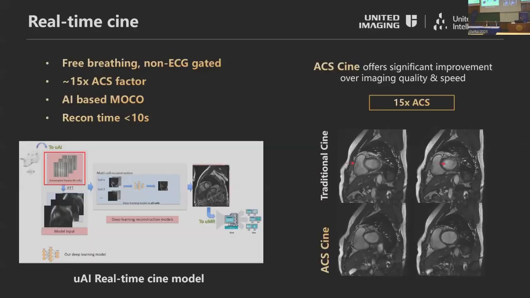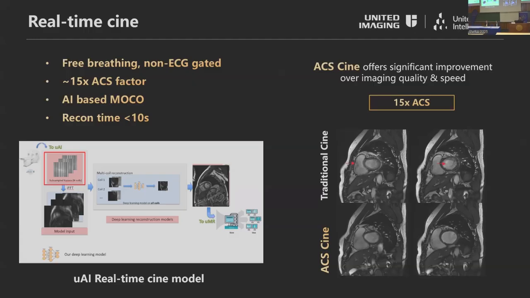And also the real-time cine is a very friendly solution for patients that have difficulty holding their breaths because of its free breathing and non-ECG gated features. But it also takes a few tricks to do the real-time cine properly.